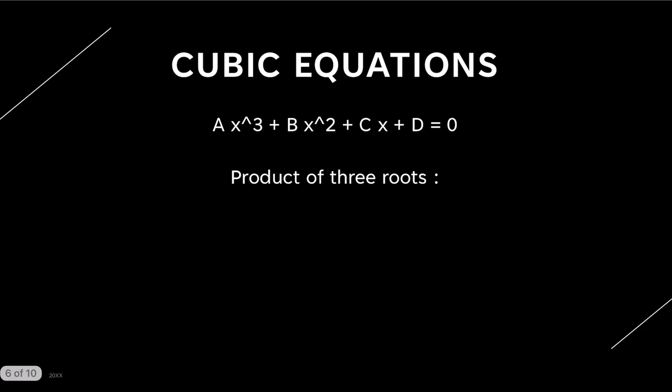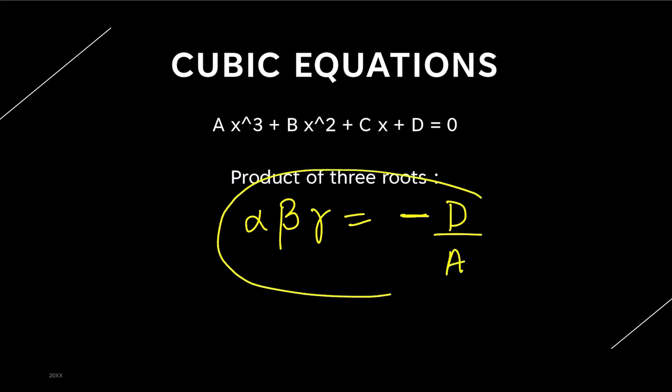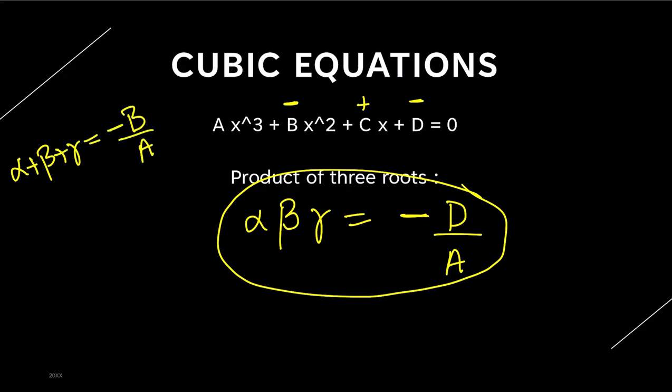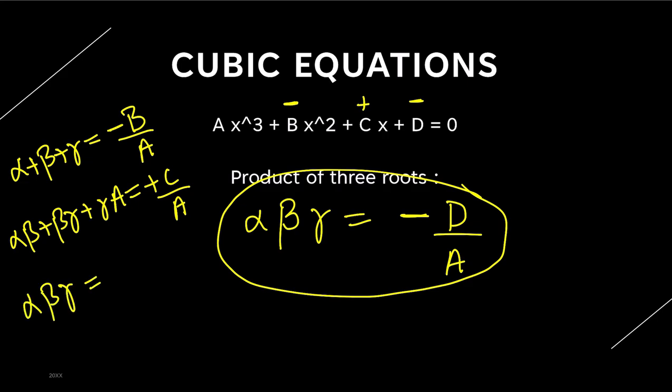And alpha beta gamma, the product of all three roots, is minus d by a. Always remember the sign: minus, plus, minus. So alpha plus beta plus gamma was minus b by a, alpha beta plus beta gamma plus gamma alpha was plus c by a, means minus, plus, minus. Alpha beta gamma is minus d by a. I hope this is clear. Yes. Now moving on.